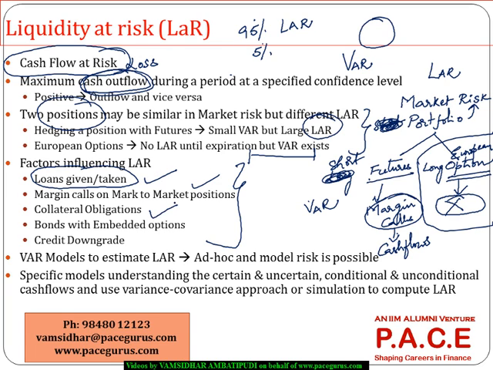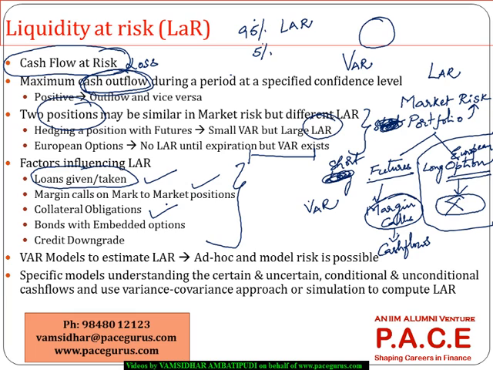Any kind of collateral obligations which can result in either you depositing more securities or more cash sometime in the middle because the value of the positions have gone down, even that could create cash flow problems. So that is also a scenario of liquidity at risk. Any bonds with embedded options, either convertible features or callable features, where they may be called back and cash flows could change during the process.